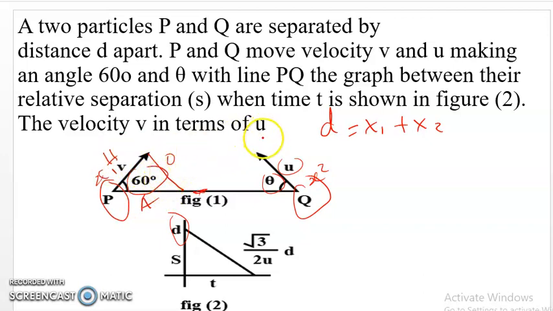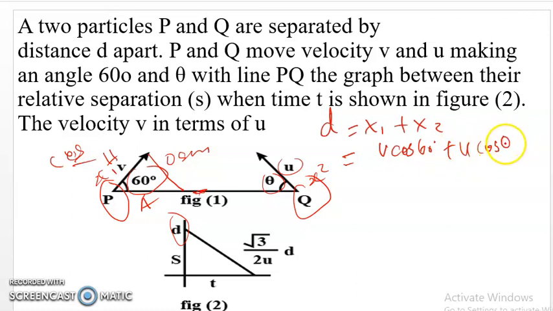So this is cos and this is sine. We are going to apply cosine because we are given 60 degrees and here we have theta. So it will simply be equal to v cos 60 degrees plus u cos theta, and this must also be multiplied by the time t.